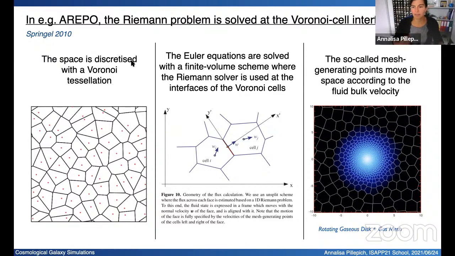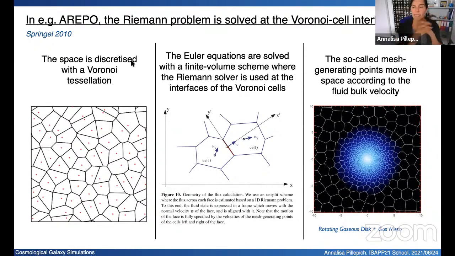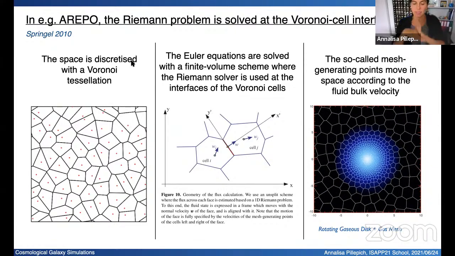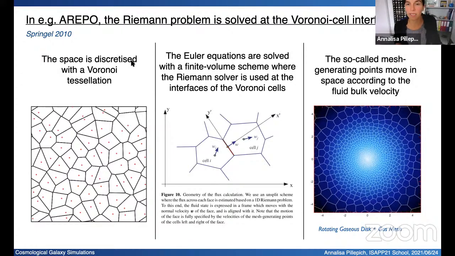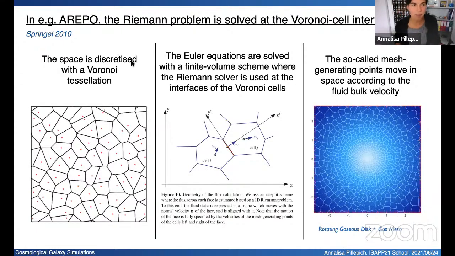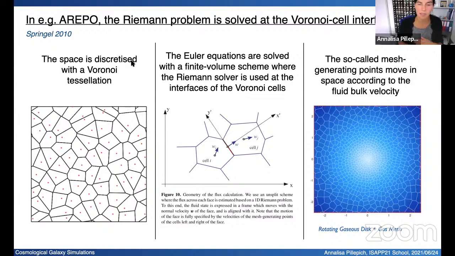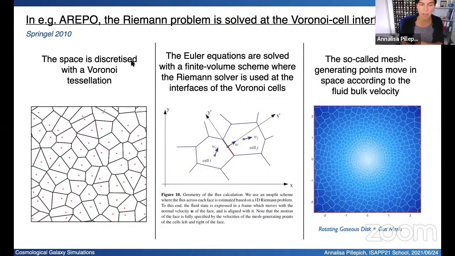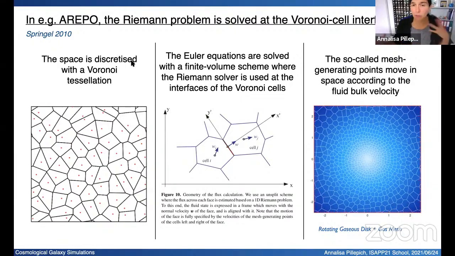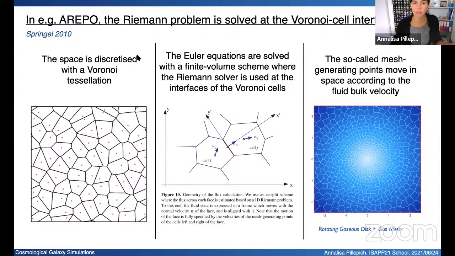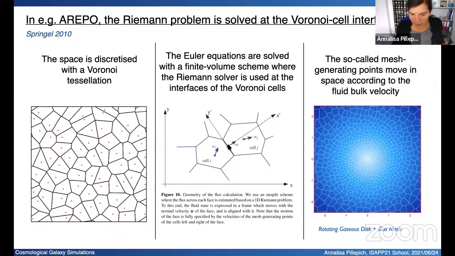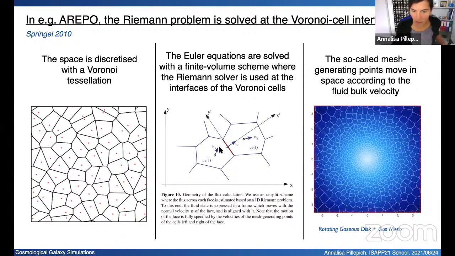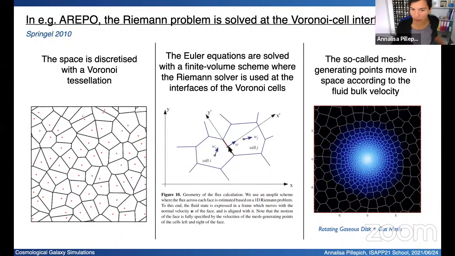And let's go step by step. First of all, it's a code where the discretization of the volume is not in Euclidean 3D cubic cells. The space is discretized with a Voronoi tessellation. And these solutions I described earlier, the Godunov scheme, the Riemann solver, are applied at the interfaces among Voronoi cells, okay?